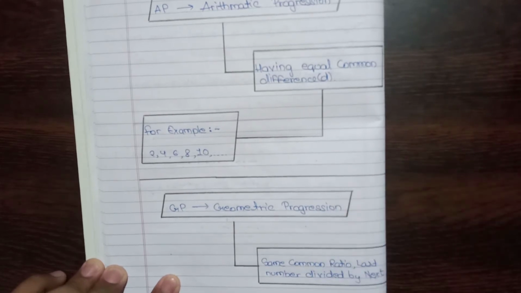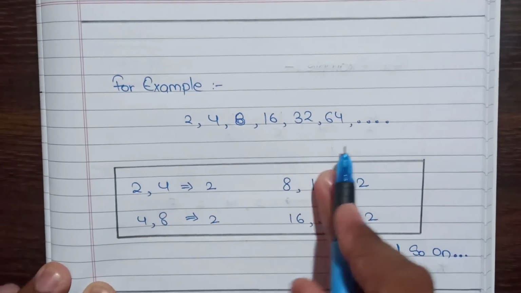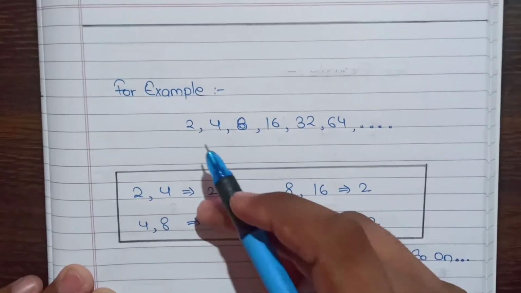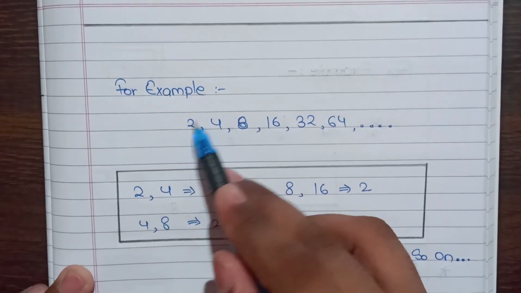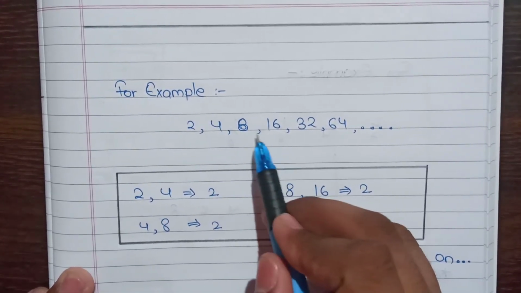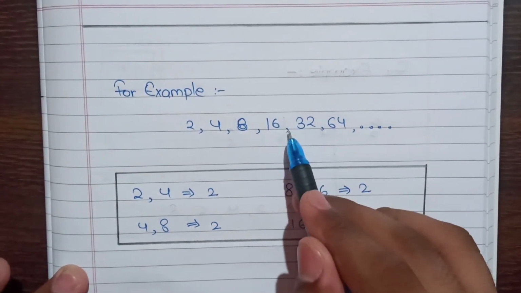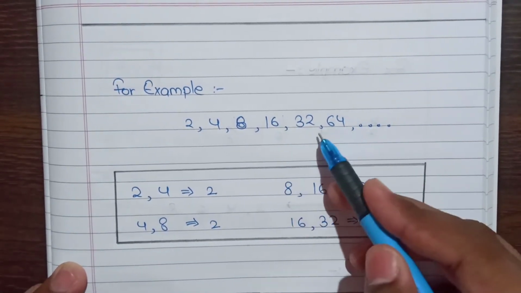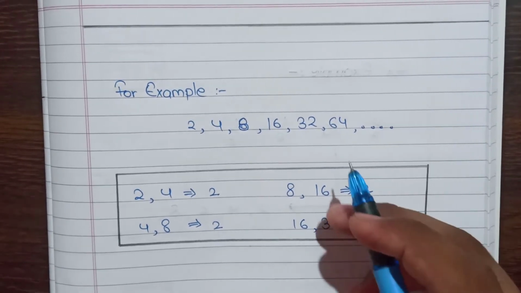So let us take an example. Here we can't call this an arithmetic progression. We have taken this sequence in which the first gap is 2: 2, 4, gap of 2; 4 and 8, gap of 4; 8 and 16, gap of 8; 16 and 32, gap of 16; 32 and 64, gap of 32. So here we have to check whether it is a geometric progression or not.